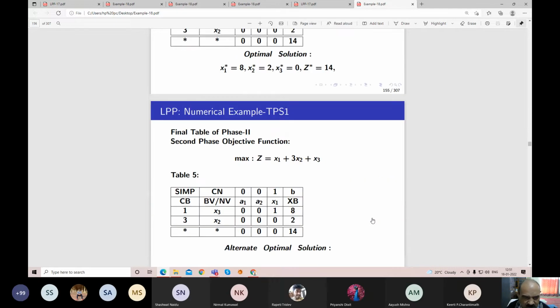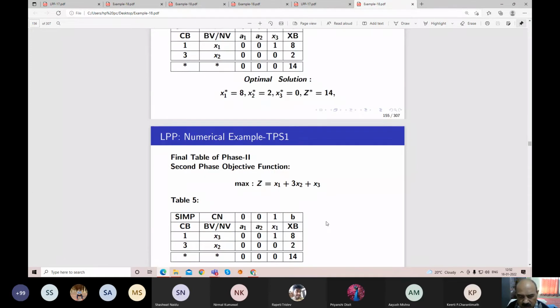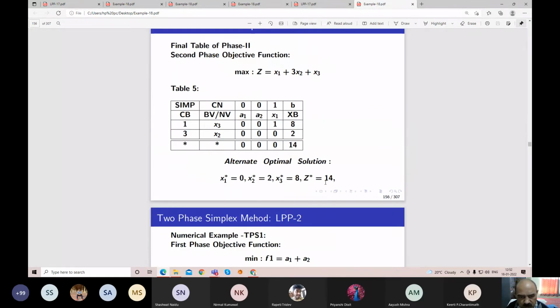Next you can see what is happening. x1 has come to this position, so the coefficients are 0, 0, 1, and for x3, x2 these coefficients are 1, 3, and we have another alternate optimal solution, that is 0 to 8. Why is it optimal? Because earlier you got 14, now also 14. Same solution.